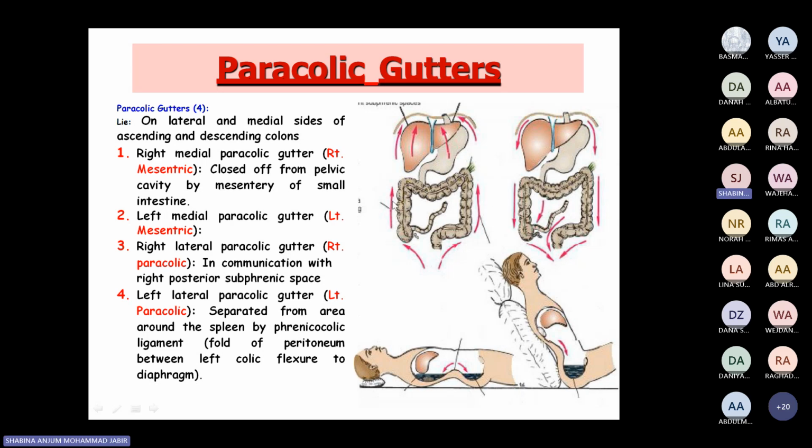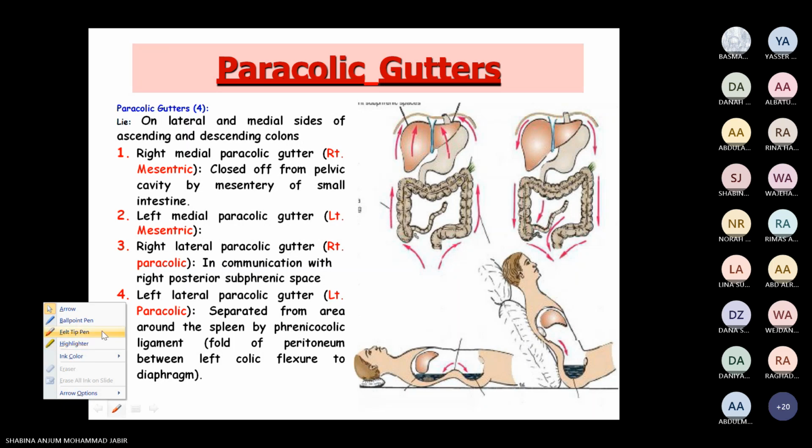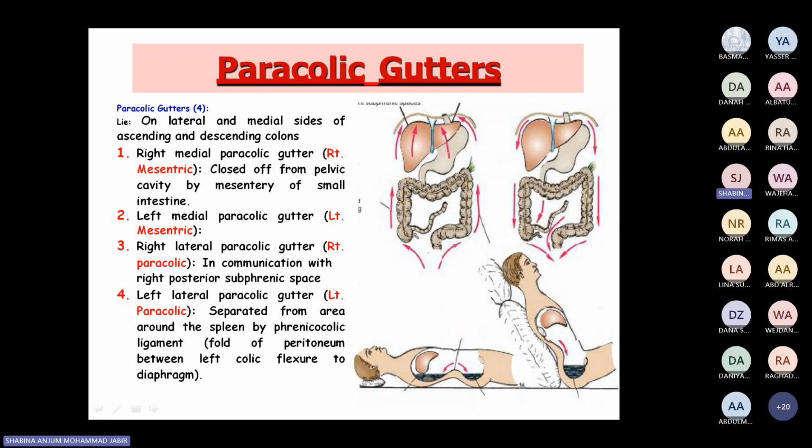So on the right side, you will have the right medial. Where will the right medial be? Here. Then the left medial, then this will be the right lateral, then the left lateral.